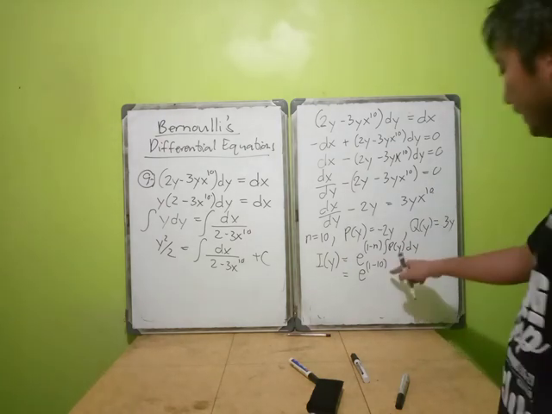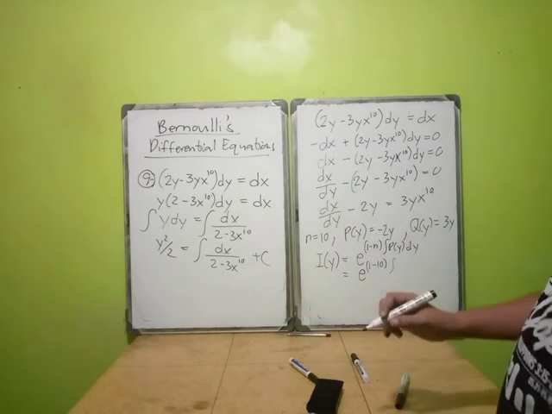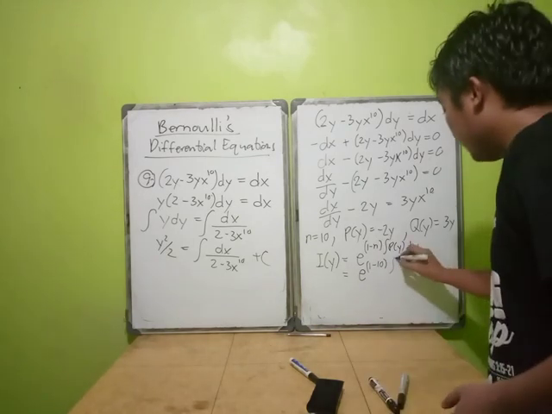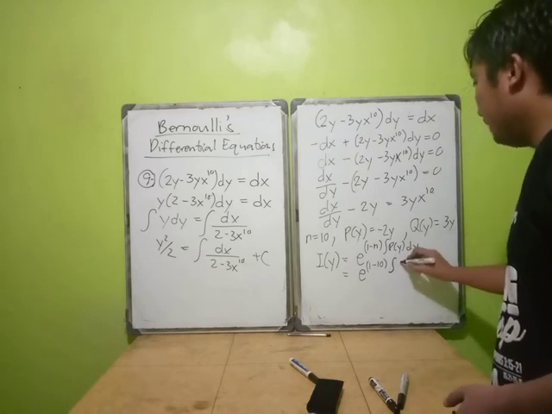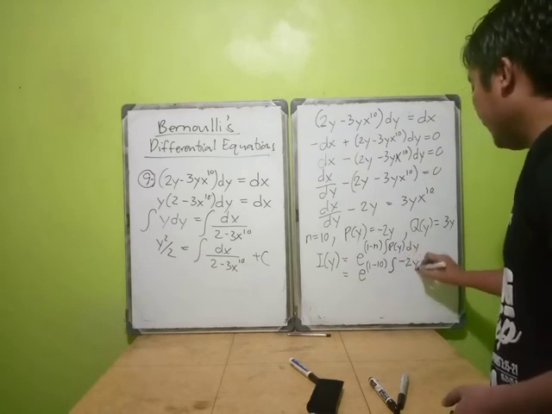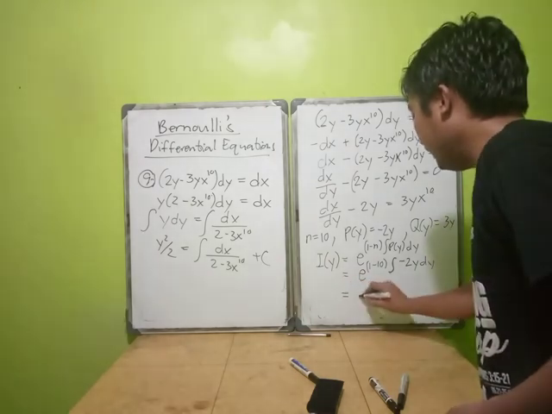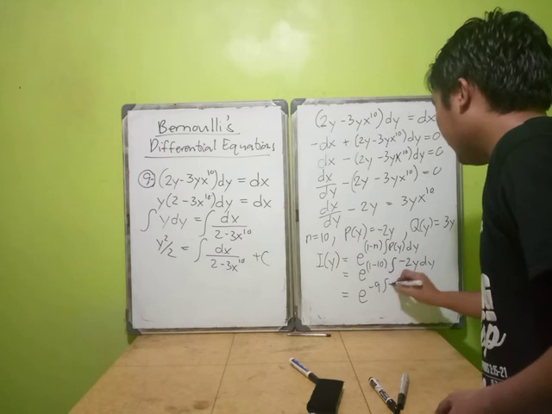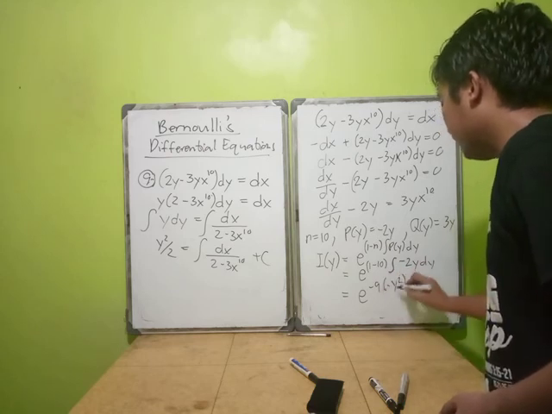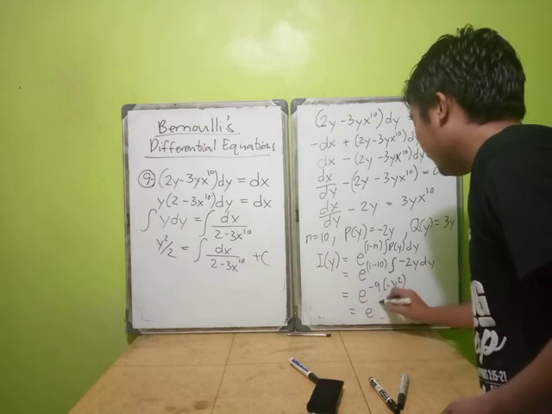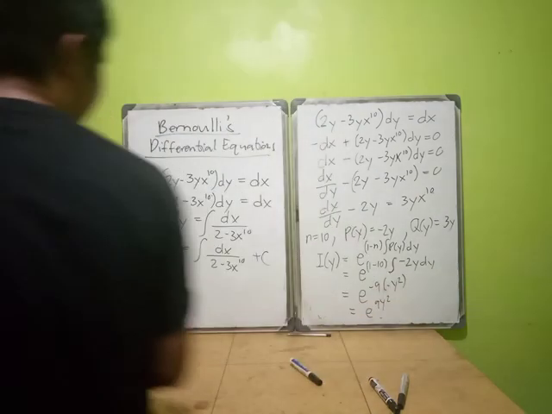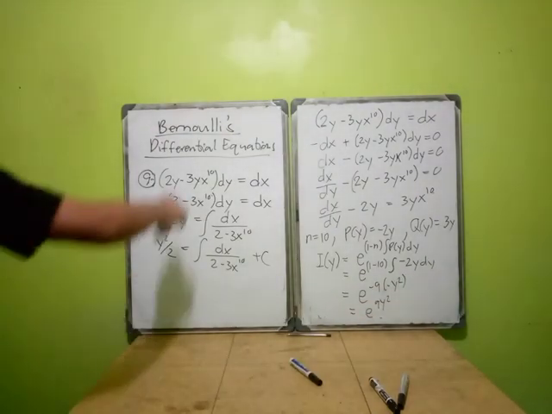So, e to the 1 minus 10, integral of py natin is negative 2y dy. So, magiging e to the negative 9 multiplied by times negative y squared. So, magiging e to the 9y squared siya. Ito yung integrating factor natin. Okay?